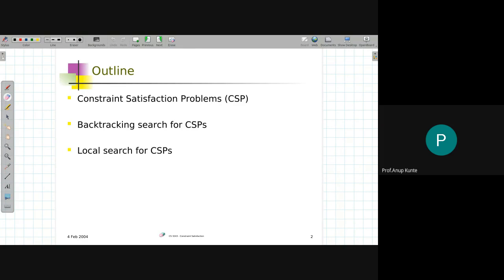But the syllabus never says to teach you algorithms to solve CSP.